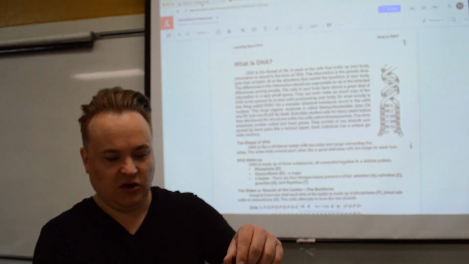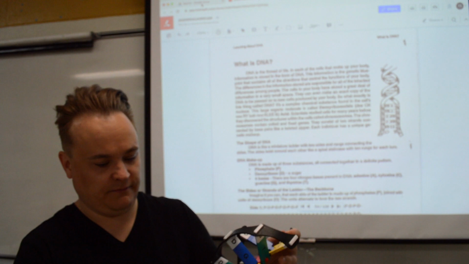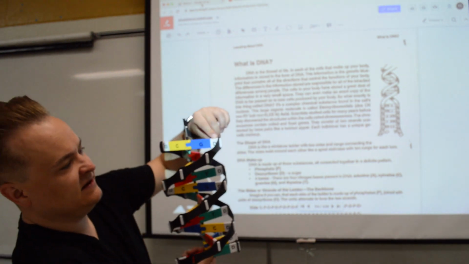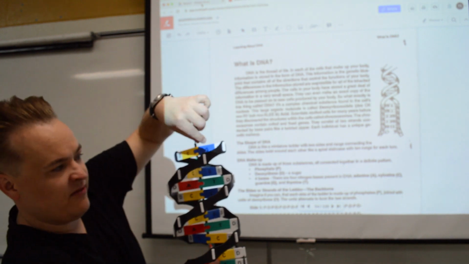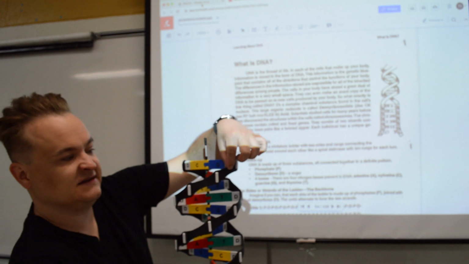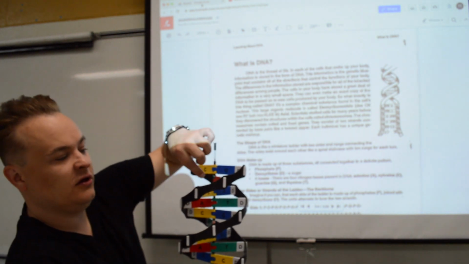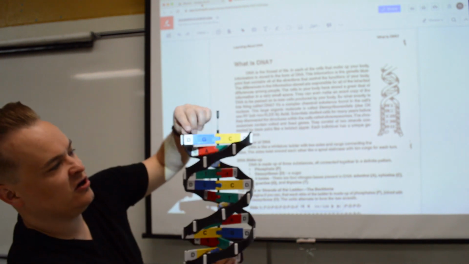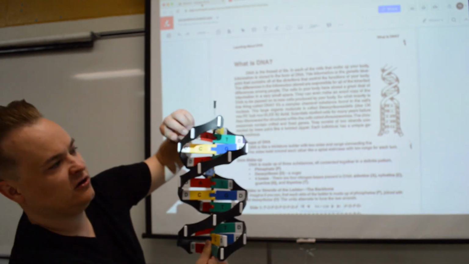So if you look here again, it even says deoxyribose, and the black part is phosphate. So this is like a sugar molecule, and this is a phosphate molecule, a sugar molecule, phosphate molecule. The sugar molecule is the white part, so sugar, phosphate, sugar, phosphate.